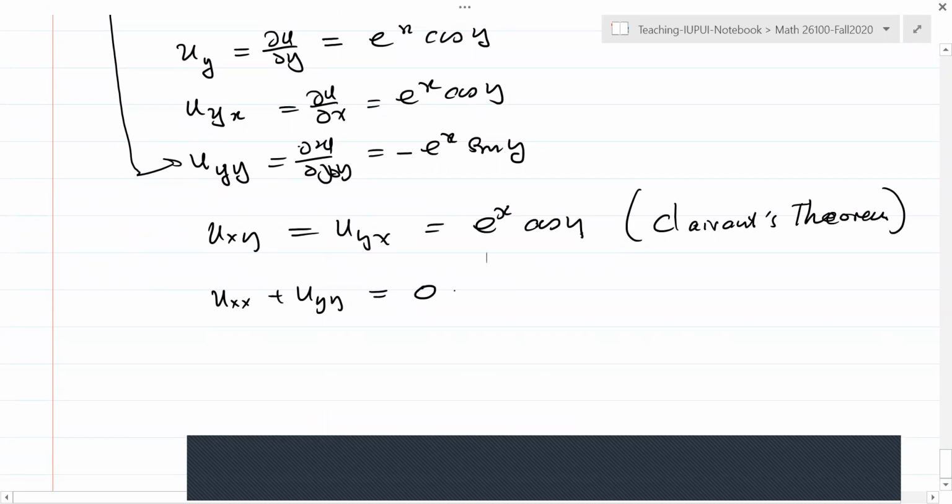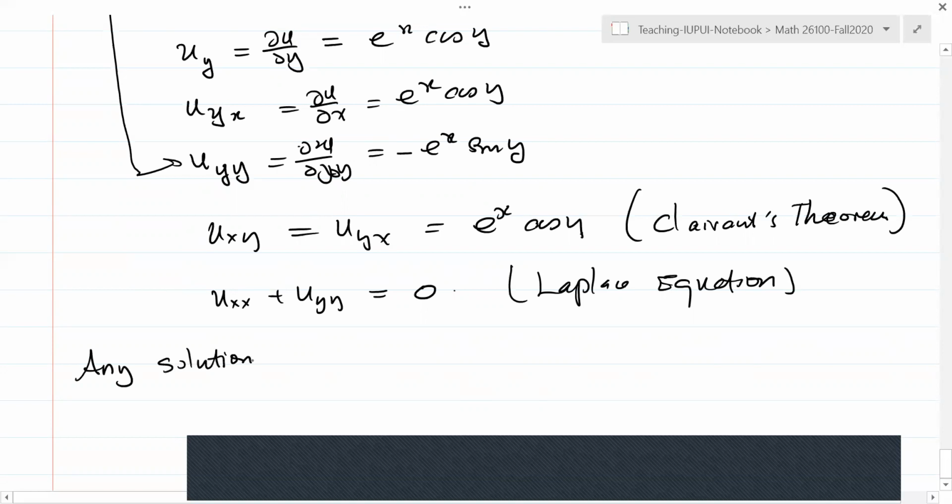We have this type of equation called the Laplace equation. Any solution to this equation is called a harmonic function. We have a special name there.